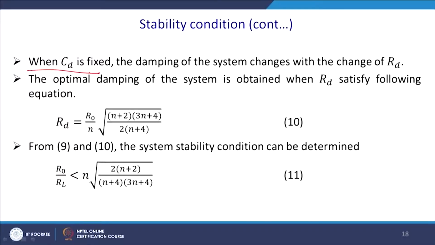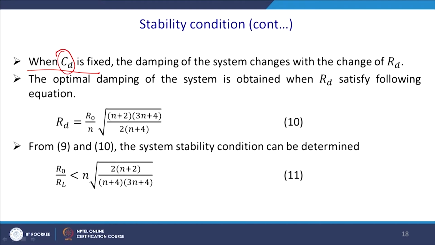So, you fix up the C d, because generally C d comes in some numerical values like 47 microfarad or some other values. Then we require to fix the value of R d. First you fix up the value of the C d.